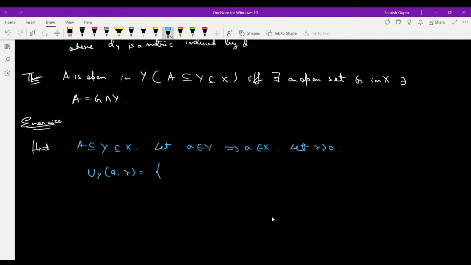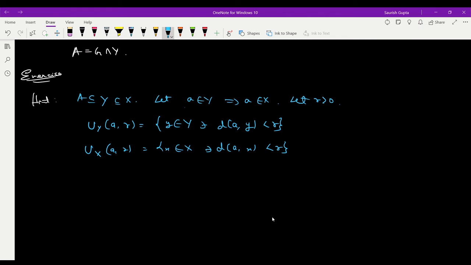So this is the set of all those points y in Y such that the distance between a and y is less than r. And if we form an open ball with the same center but with respect to the X distance, that is, we consider this point not as a point of Y but, more generally, a point of X, this is the set of all those elements x from the metric space X such that the distance of a and x is less than r. Is it clear?